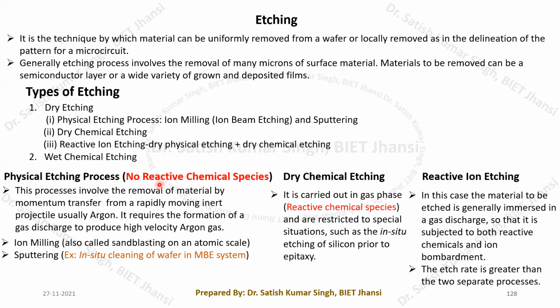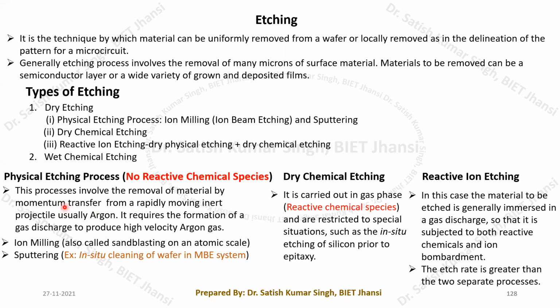Rather, we take certain inert gases, and these inert gases are ionized and accelerated towards the surface of the wafer from where we have to remove the layer. Due to the bombardment of these argon ions, they transfer their momentum to the surface atoms and thereby remove the atoms of our surface. In this way we can remove a certain layer.